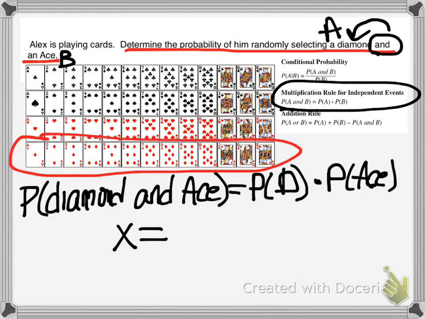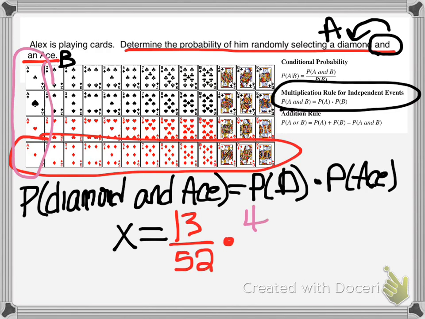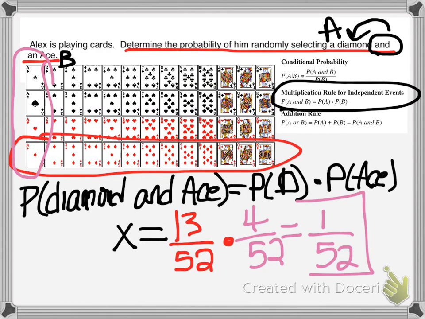So there are 13 diamonds out of 52 cards times the probability that I get an ace. The aces are the cards with the A, so that's going to be 4 out of 52. It tells me to multiply this, so that gives me 1 out of 52. So the probability that I get a diamond and an ace is 1 out of 52.